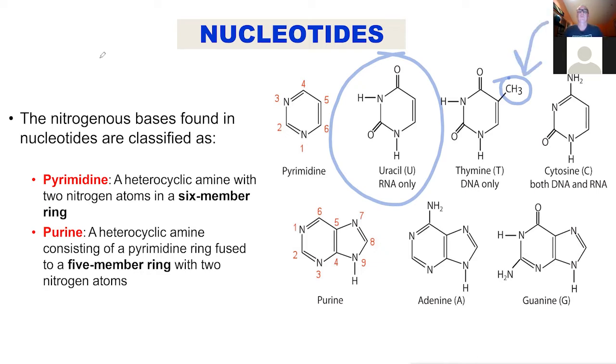Because thymine in DNA itself is only supposed to be found inside the nucleus. And in fact, if the cell detects the presence of thymine outside of the nucleus, it commits suicide, which sounds a little harsh, but it starts a process called apoptosis.